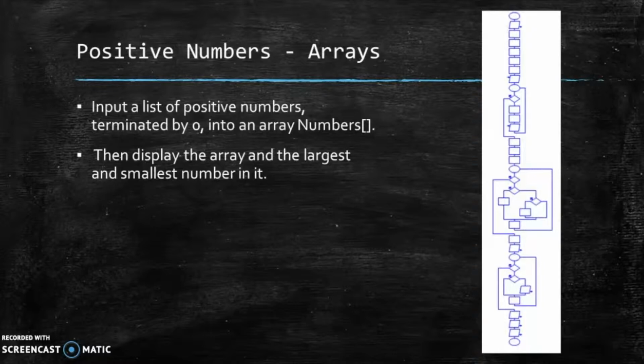And you can tell I'm using a couple of loops, a couple of selections. Since this is the first array program, I'm going to walk you through how to get that all set up in Raptor so that you can see it and run it, since arrays are a little bit more difficult than some of the other programming puzzles you've been working on in this course over the last several weeks. So let's go over to Raptor and take a look and see what's going on.